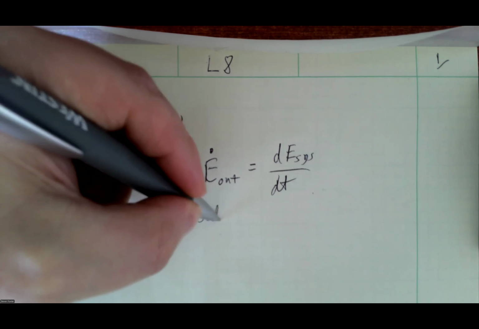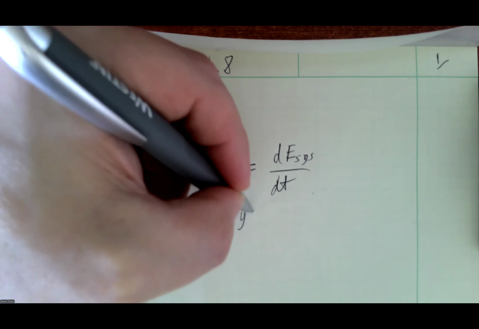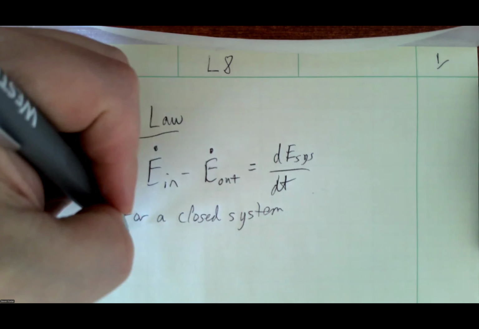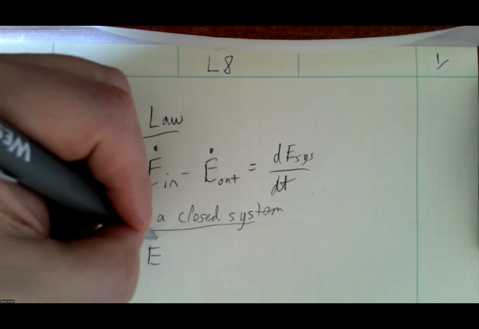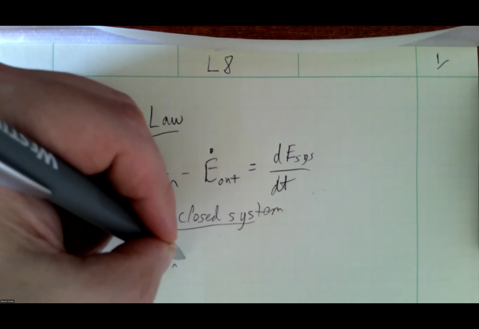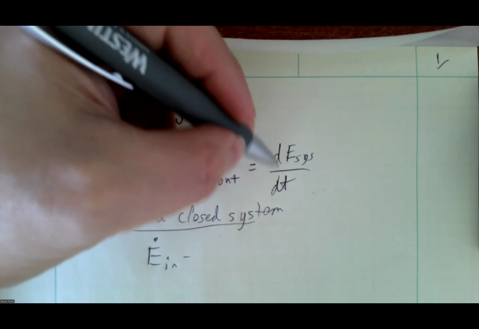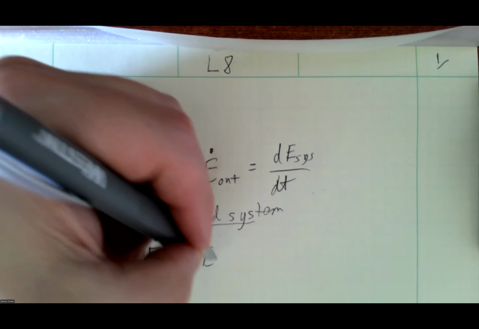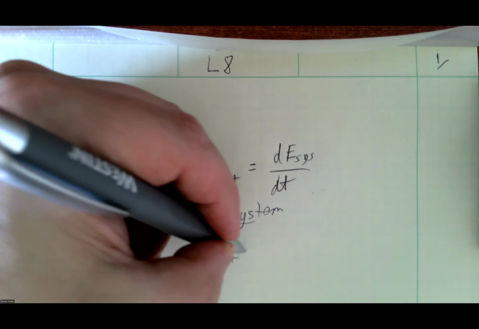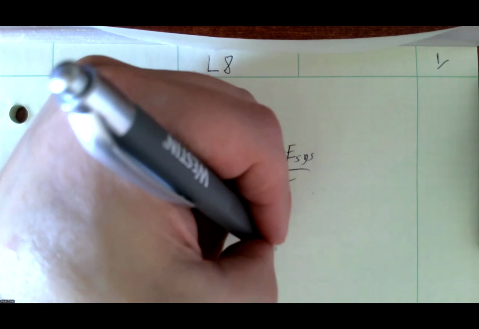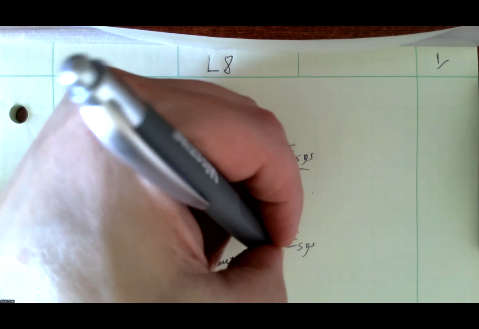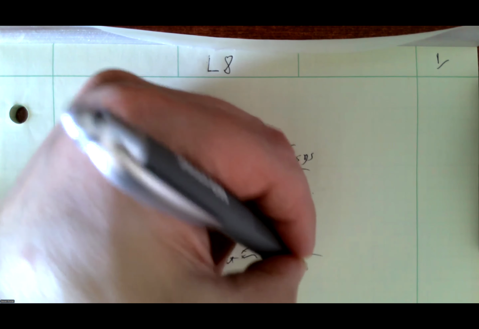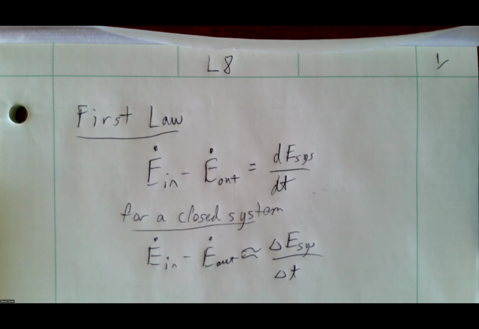What we will often do for a closed system is, we are often much less worried about every little differential slice in time. What we'll normally do is say this is approximately the total change for our system divided by a total change in time.